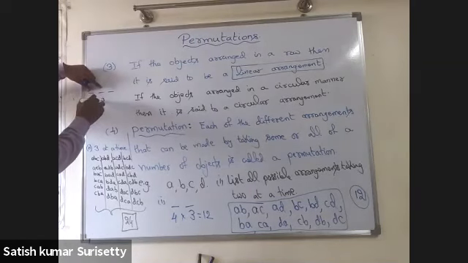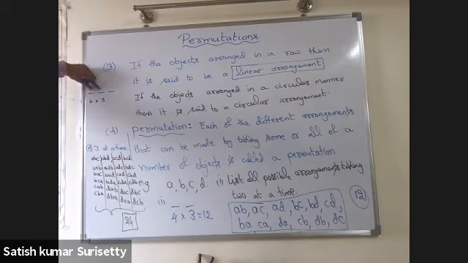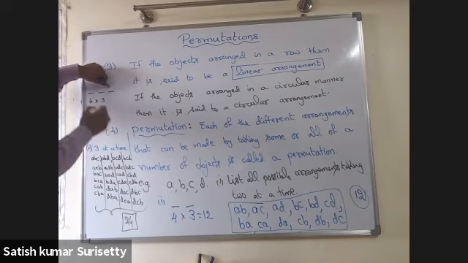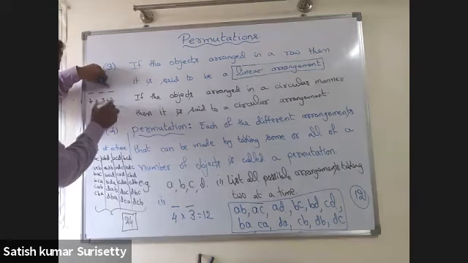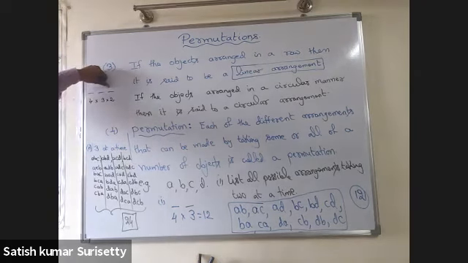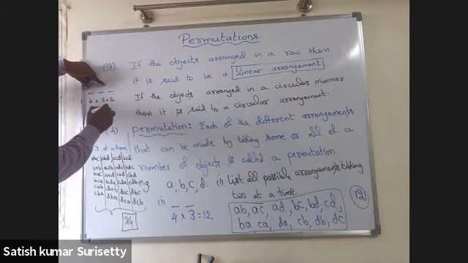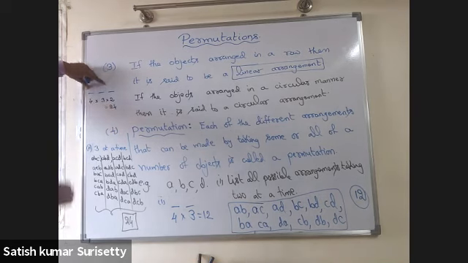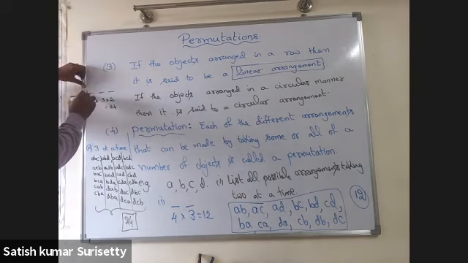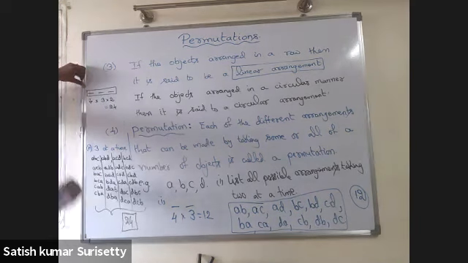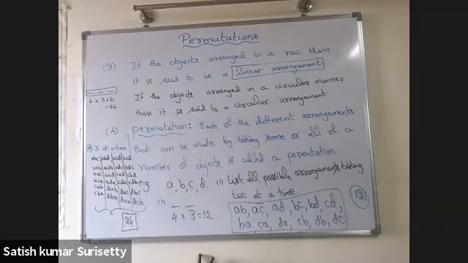Now again, after filling the first blank and second blank, the third blank can be filled in 2 ways. Why? Because only 2 objects will be left out. So the number of possible arrangements will be 4 into 3 into 2, which is 24. So instead of listing and counting, it is like filling the blanks using the given objects.